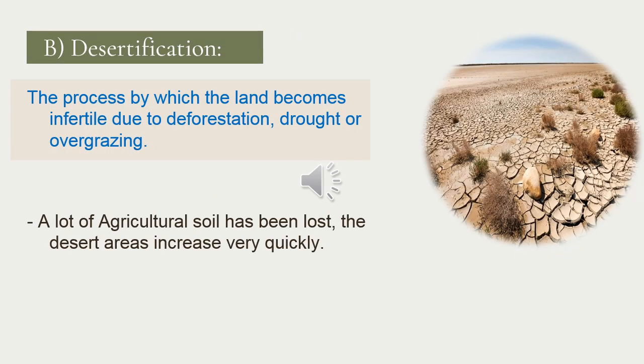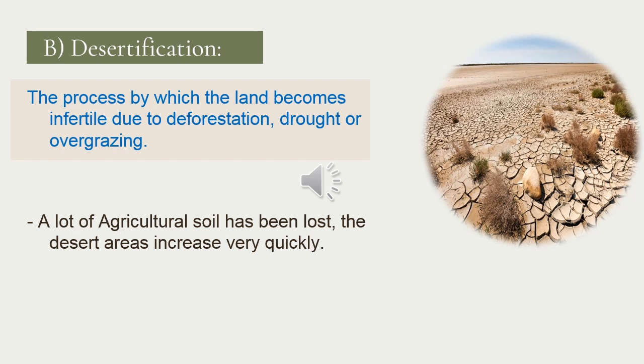What about desertification? Have you ever heard about this before? Desertification happens when the land becomes infertile due to deforestation, drought, or overgrazing.